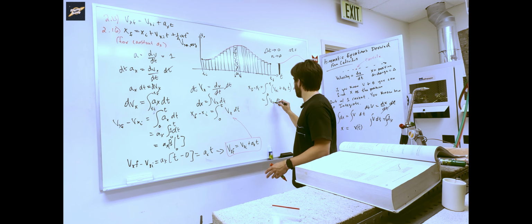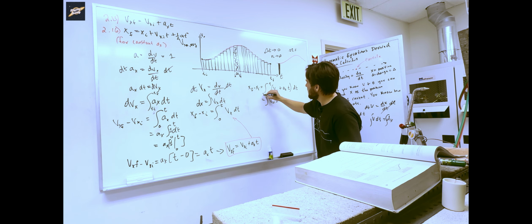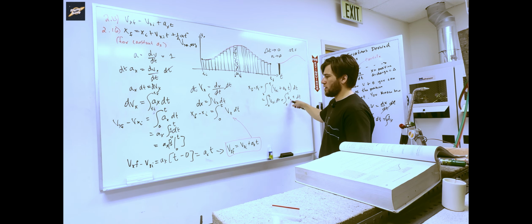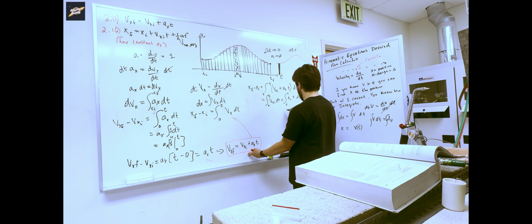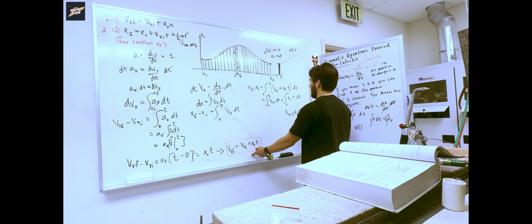So you can also write this as this, and we know what this is, right? This equals vxi t.